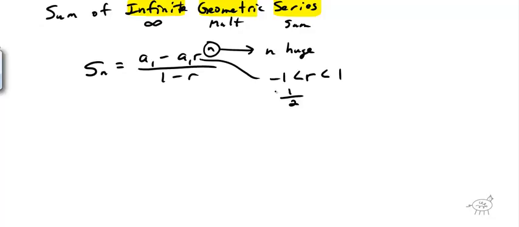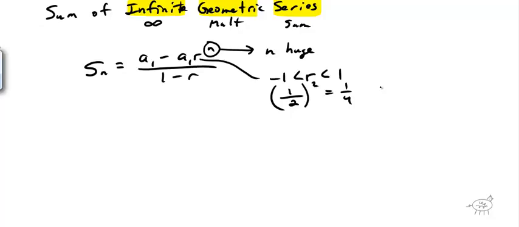So what happens when I take 1/2 and I square it? Well, I get 1/4. And what happens if I cube it instead? I get 1/8. And what happens to the fourth power or the fifth power? 1/16, 1/32. So what's happening when I say 1/2 and I make n huge again? What happens if I say 1/2 to the 1,000th power? What number is it going towards?